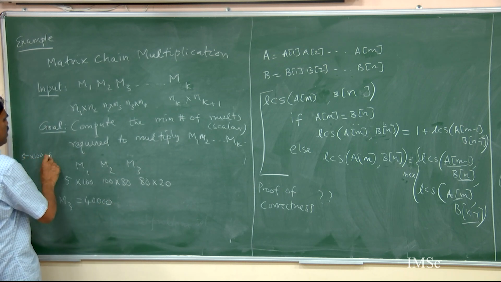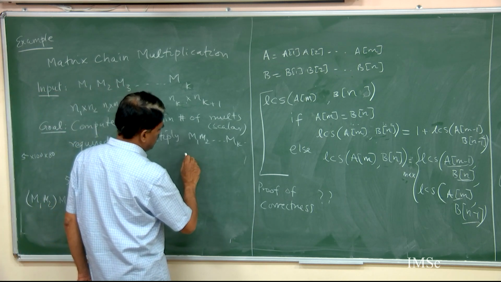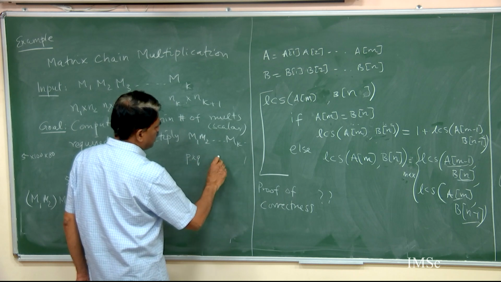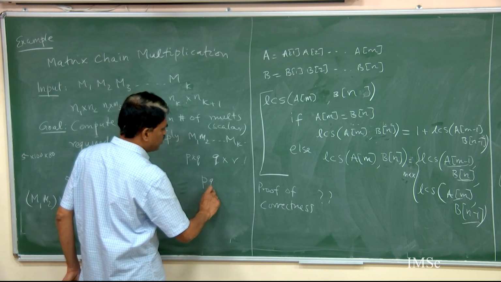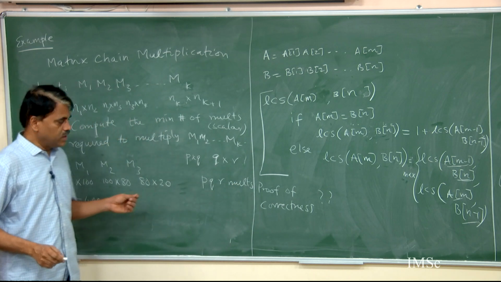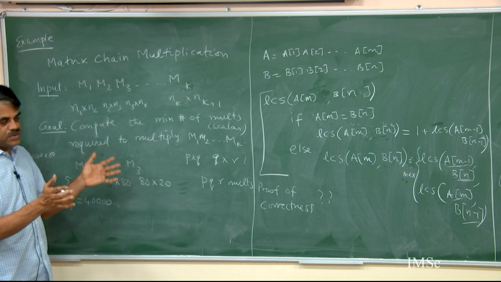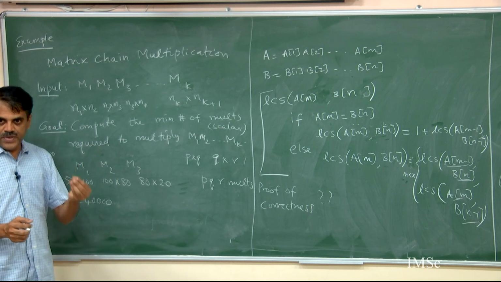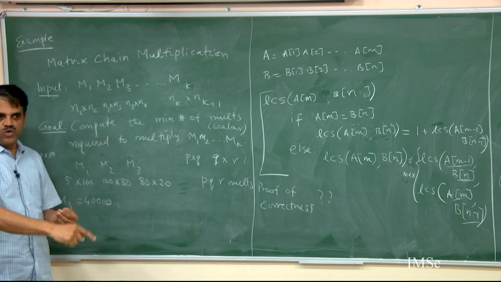You want to multiply a matrix of dimension P times Q and another matrix of dimension Q times R. The standard high school multiplication will take P into Q into R multiplications, because the final matrix is of dimension P times R. So there are PR entries you are computing, and to compute each entry you will spend Q multiplications.